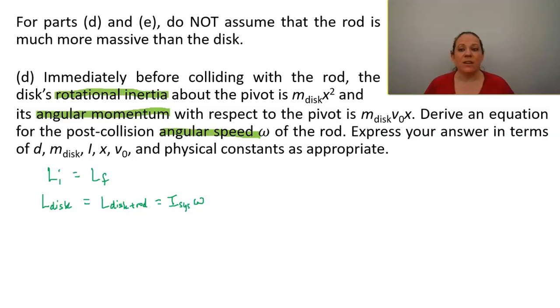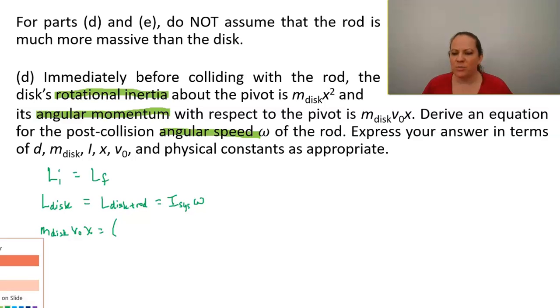Angular momentum of the disk prior to the collision was m disk v naught x. And then the rotational inertia of our system is going to be, let me just write one extra step in my algebra just to clarify, the rotational inertia of the disk plus the rotational inertia of the rod. So that will give us I for the whole system.